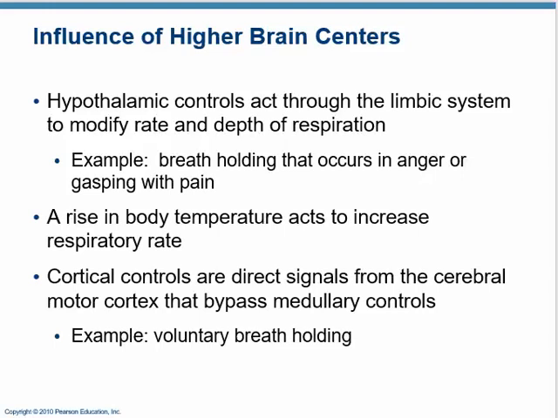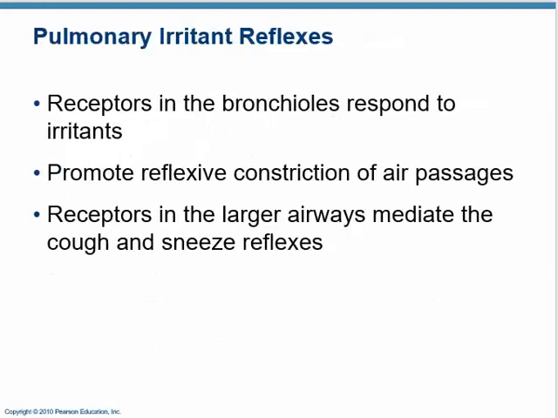Pain and anger and fear will modify the rate and depth of breathing, and that's because of the limbic system affecting the hypothalamus, which is going to affect the respiratory centers. We have these irritant reflexes, which are important to understand asthma.